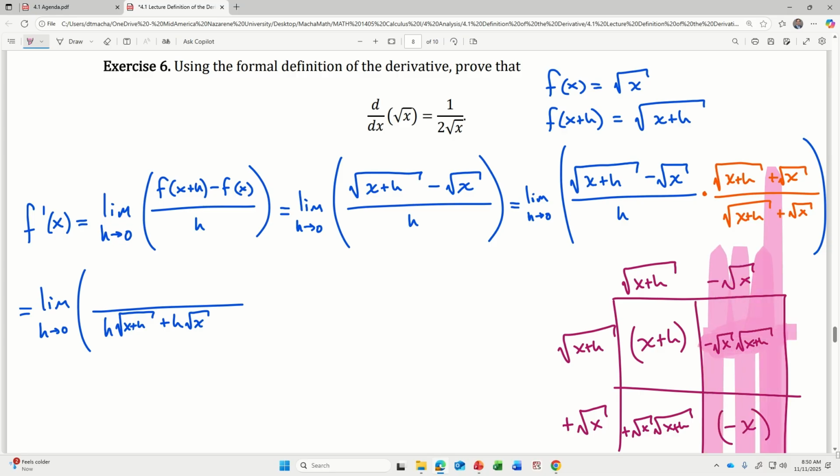Okay, those are going to cancel, the stuff I highlighted in red. So that what I'm left with is x plus h plus negative x. So the x's cancel, and then I just get h.